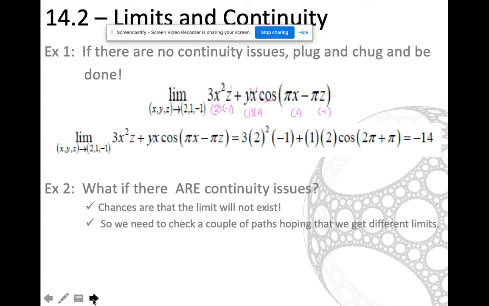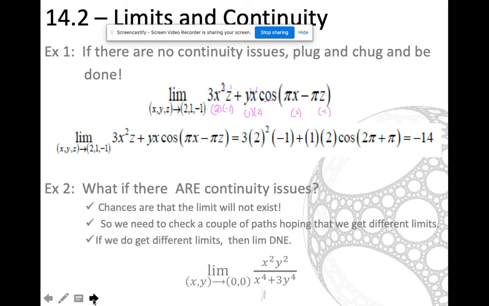Because remember, if there's continuity issues, you're just talking about is there going to be a removable discontinuity, which means can I factor and cancel? That's rarely going to happen with these complicated functions in our XYZ plane. If you're able to evaluate limits along different paths and get a different limit, then your overall limit does not exist. So here's our example.